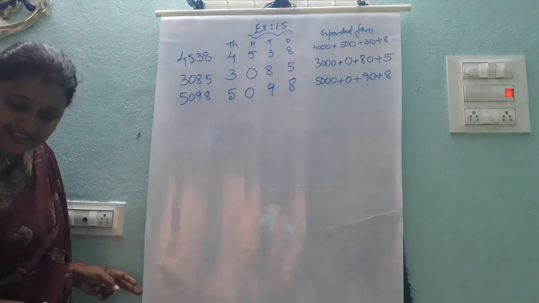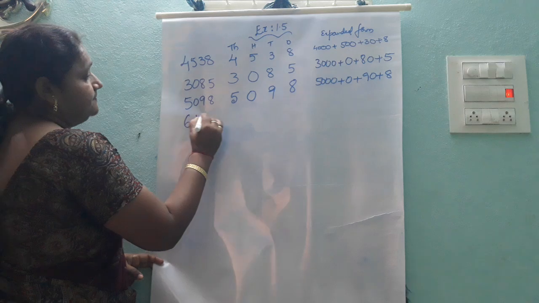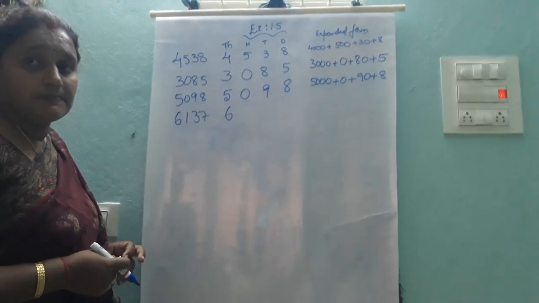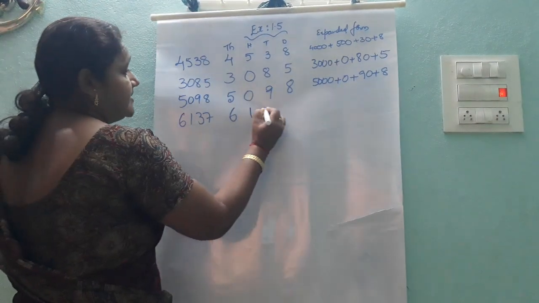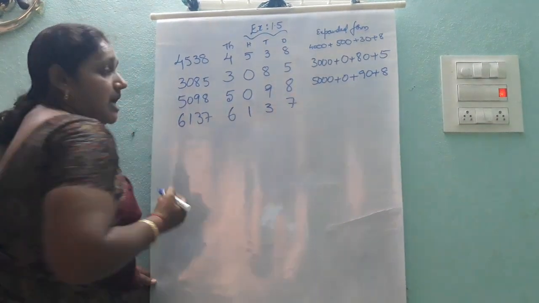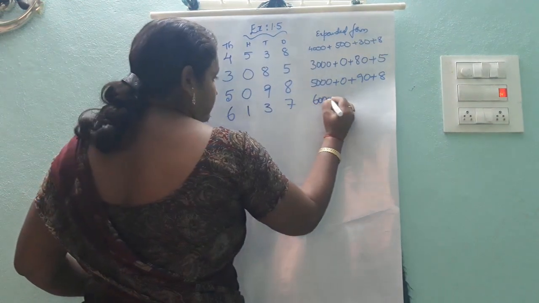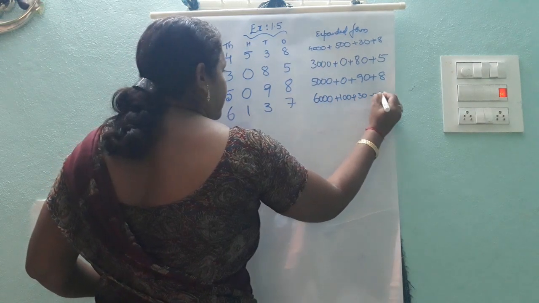Okay. Next one, 6137. In this, 6 thousands, 1 hundred, 3 tens, 7 ones. How will you write the expanded notation of this? 6000 plus 100 plus 30 plus 7.